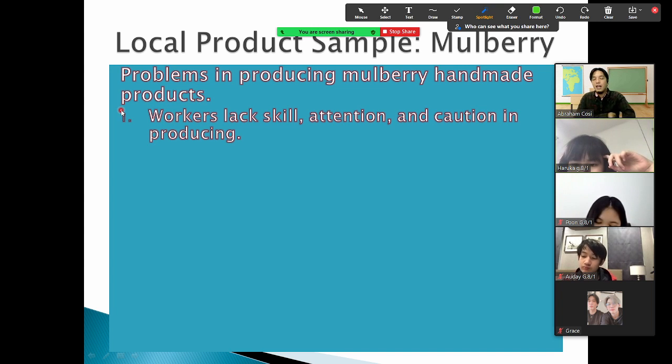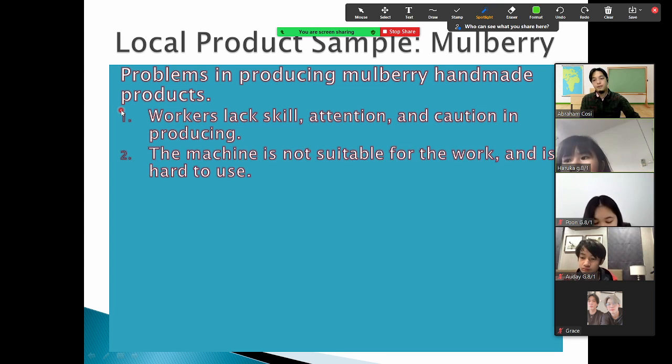Yes, the product is mulberry, right? But what is the production factor that is involved here? Workers, they lack skills, they lack attention. So therefore, there is a problem with labor. Very good. Labor.